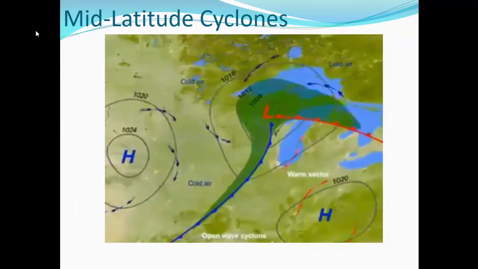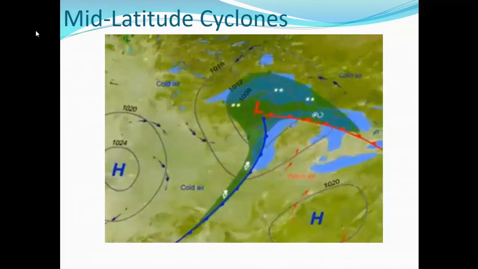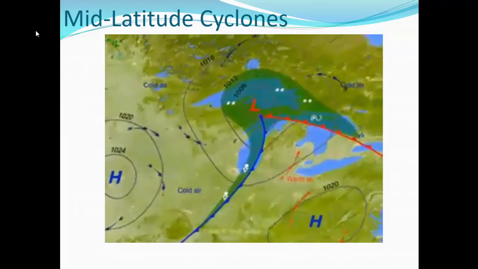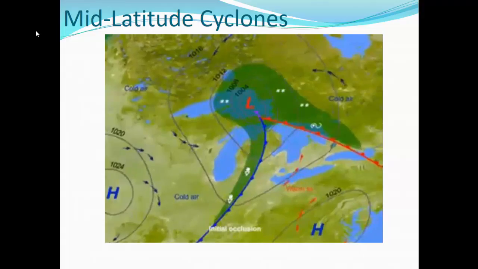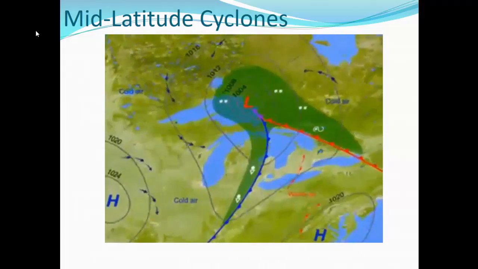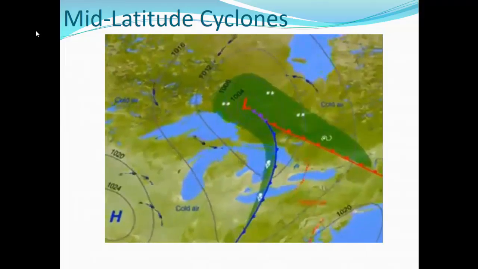So you have the warm sector of the mid-latitude cyclone, showers and thunderstorms along the cold front, showery precipitation out ahead of the warm front, and then to the north and northwest of the low, that is where we begin to see some snowfall. Here our occlusion begins, our cold front's catching up to the warm front.